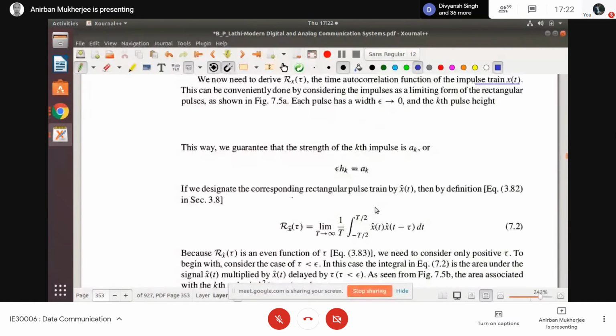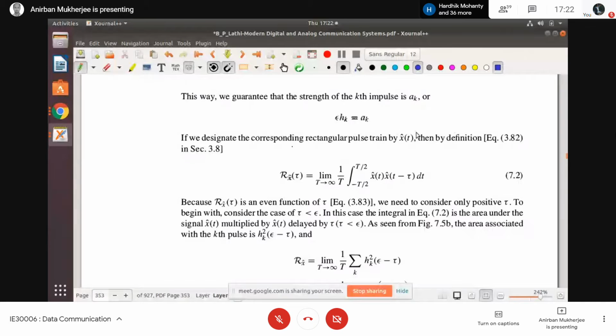Then I am trying to calculate the autocorrelation. What is the definition of the autocorrelation function? For a signal, say the rectangular pulse train x(t), R(tau) is the limit of 1 by T times the integral from minus T by 2 to plus T by 2 of x(t) x(t minus tau) dt, for some arbitrary T, with the limit taken as T tends to infinity.